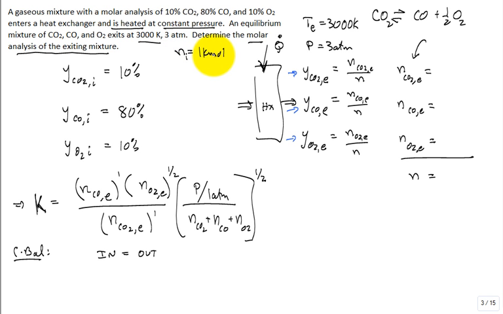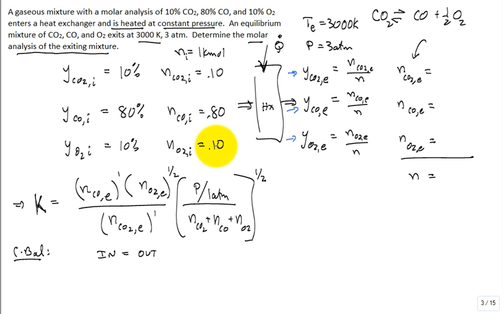It seems a little silly, but then the moles of carbon dioxide coming in is 0.10 kilomoles, carbon monoxide is 0.80 kilomoles, and oxygen is 0.10. It's almost too trivial a step, but do you see the utility? Now I'm doing everything on 1 kilomole of total gas coming into that heat exchanger.